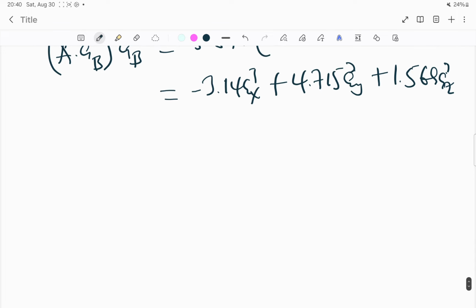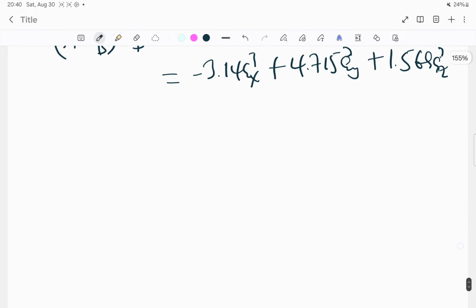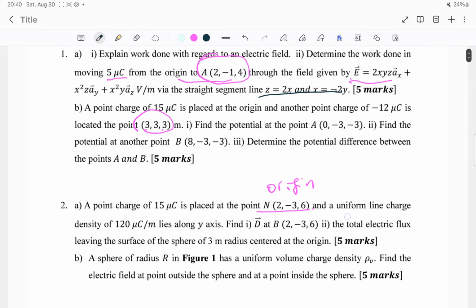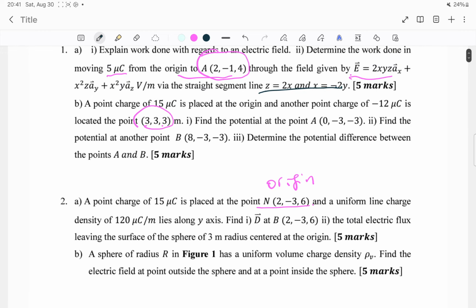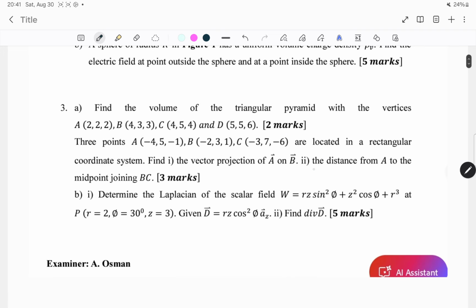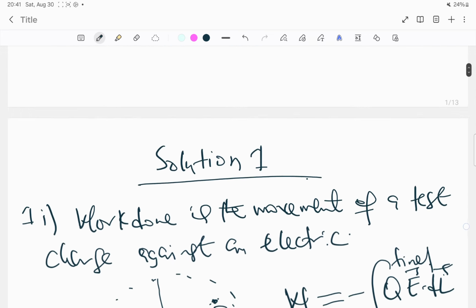Now moving forward from the same question, still on question 3. Part II: the distance from A to the midpoint joining BC.